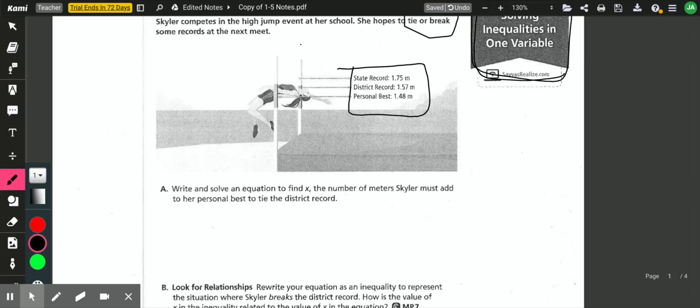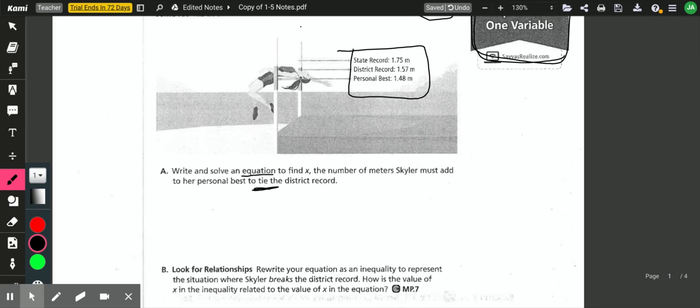Okay. So part A says to write and solve an equation to find X, the number of meters Skylar must add to her personal best to tie the district record. Okay. So right now, her personal best is that 1.48 meters, and the district record is the 1.57 meters.